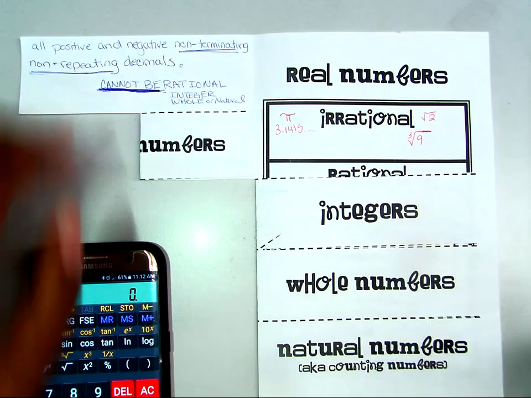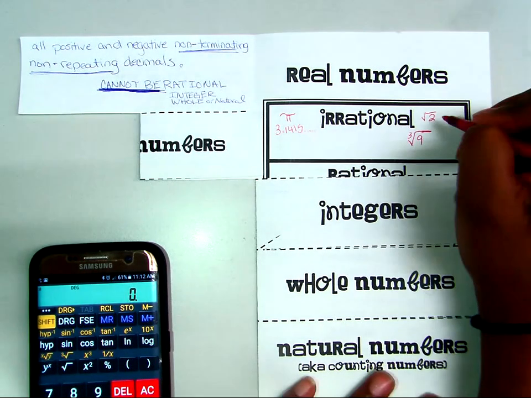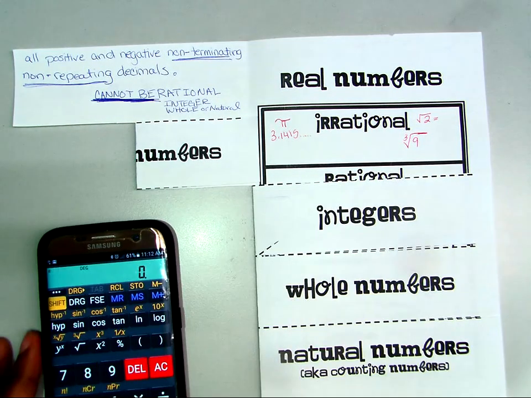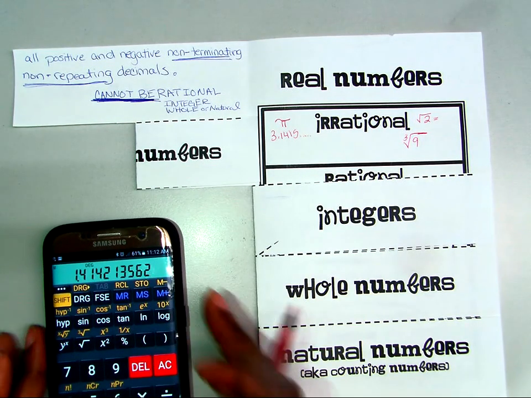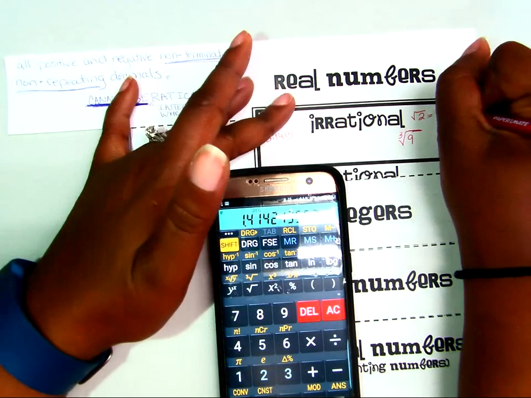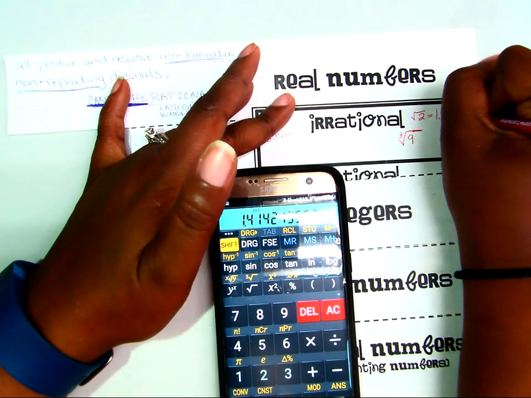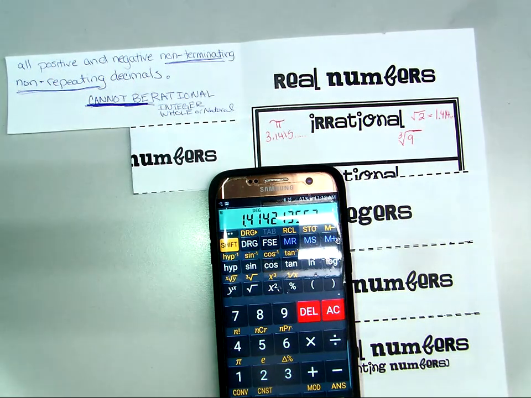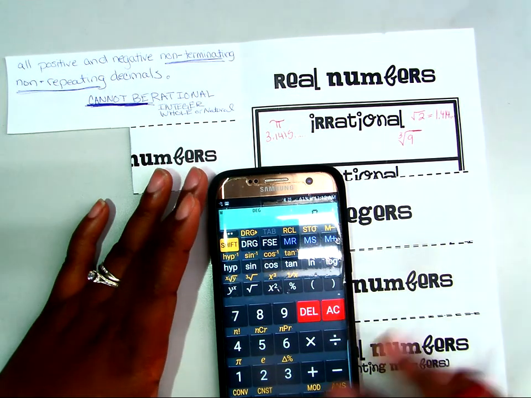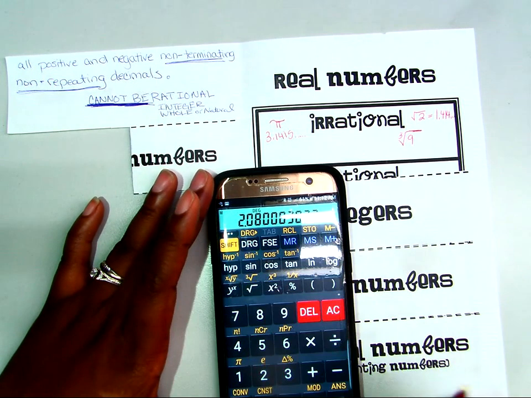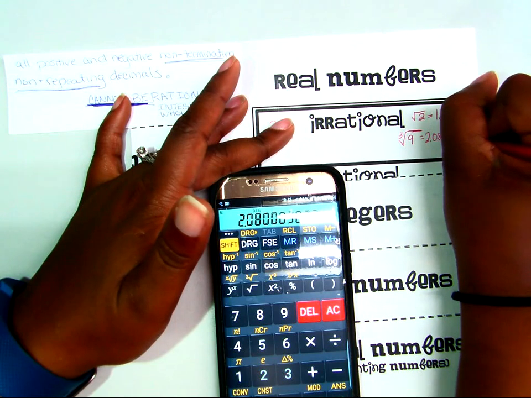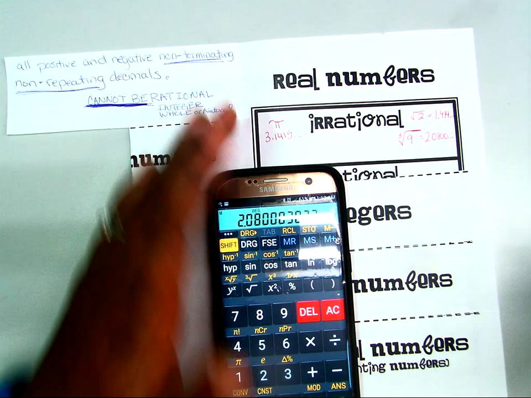They cannot be rewritten. And if you want to put exactly what some of the numbers might equal, 1.414... means it continues. We're not rounding, we're just putting what it equals. 9, shift, cube root, this is 2.0800... It keeps going.